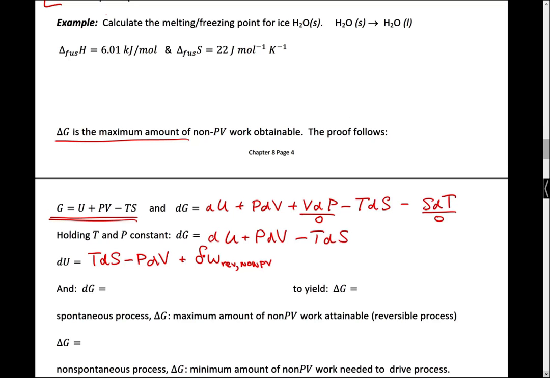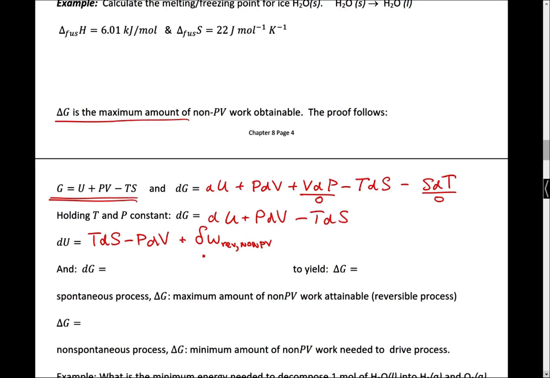Okay? All right, so putting these together, if I plug this in for dU, I see that I lose PdV, I lose TdS, and dG is simply going to be equal to dW reversible for non-PV. Right? And if I integrate both sides, then I can say delta G is going to be the total work that I can get reversibly for a non-expansion compression work.